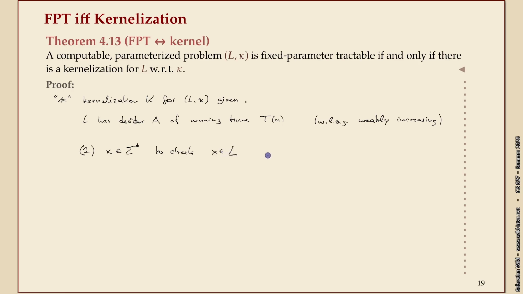So first of all, we apply our kernelization. Let's call that x prime. That takes polynomial time. And also we know that the size of x prime is bounded by some function of just the parameter, where k is the parameter of our input, as always.